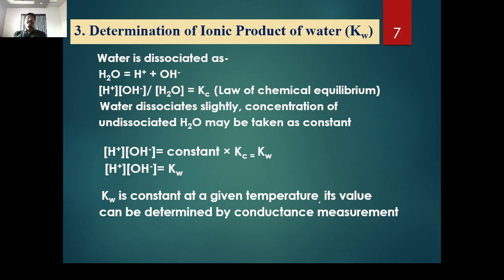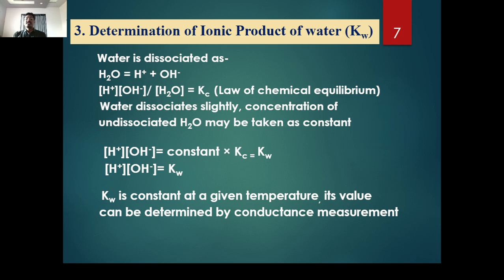According to the law of chemical equilibrium, we can write the above equation as the concentration of H plus ions and the concentration of OH minus ions divided by the concentration of water, that is equal to Kc, the equilibrium constant.